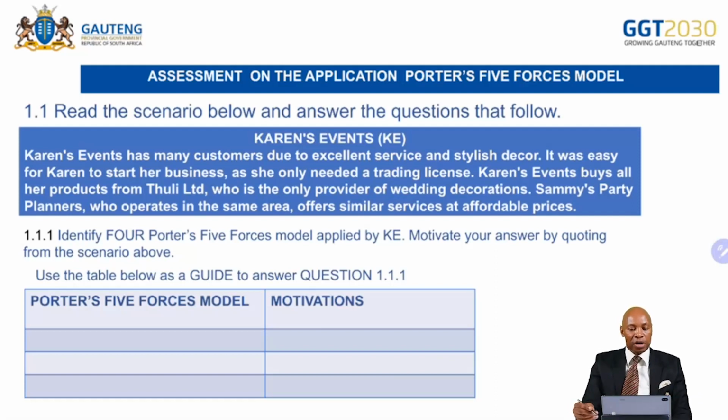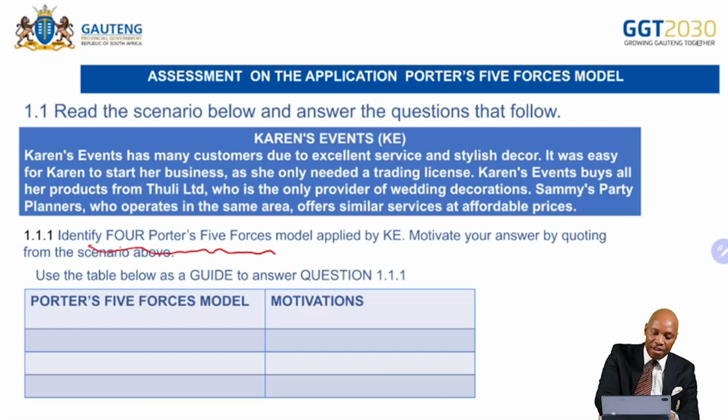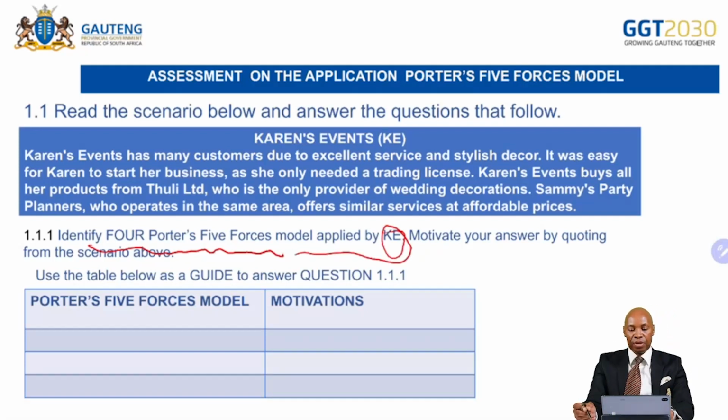Upon reading the scenario, you answer the question that follows. Now let's look at 1.1.1, wherein it says, identify 4 Porter's 5 forces model applied by KE. Motivate your answer by quoting from the scenario.